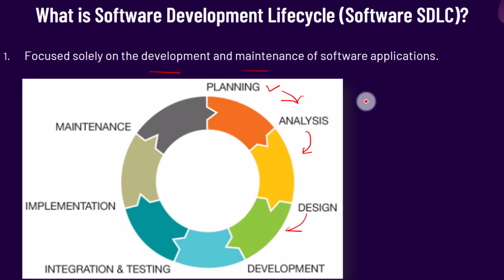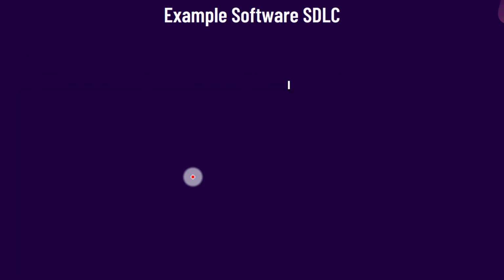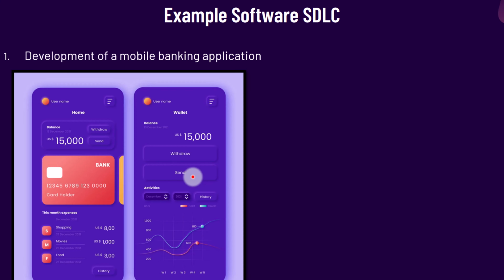Moving on to an example for better understanding, let's imagine we are developing a mobile banking application. First, we start with planning, where we figure out what the app needs to do and what features it should have. Then we move on to analyzing how to achieve these goals, followed by designing the app's look and feel.